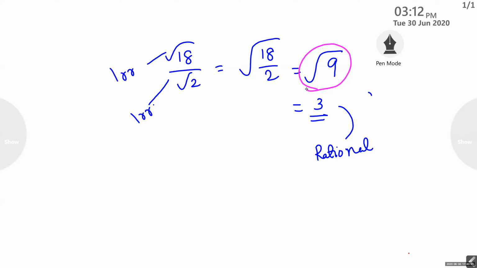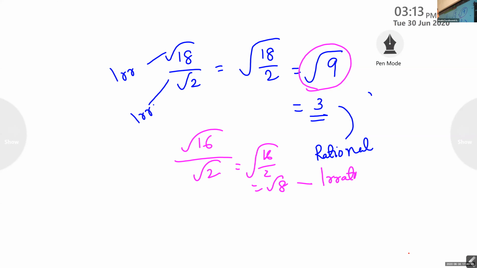Ma'am, root 16 by root 2. John, you did not get the proper thing I told you. Root 16 by root 2 is root 8, no? So it is an irrational number, right?